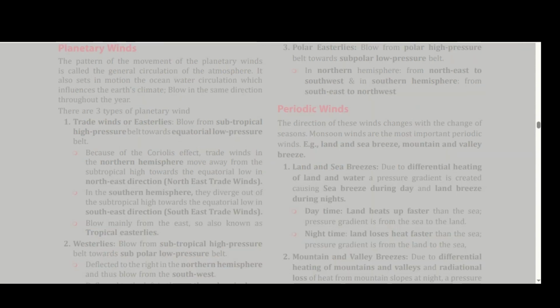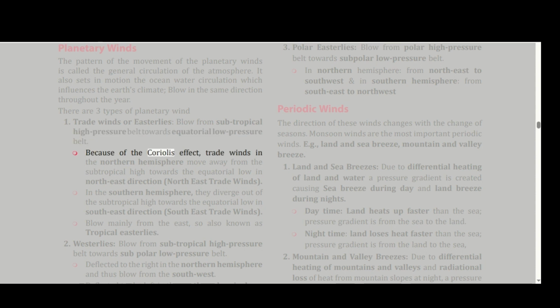Planetary winds. The pattern of the movement of the planetary winds is called the general circulation of the atmosphere. It also sets in motion the ocean water circulation, which influences the Earth's climate. They flow in the same direction throughout the year. There are 3 types of planetary wind. 1. Trade winds or easterlies blow from the subtropical high-pressure belt towards the equatorial low-pressure belt.